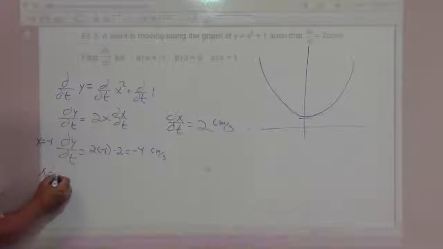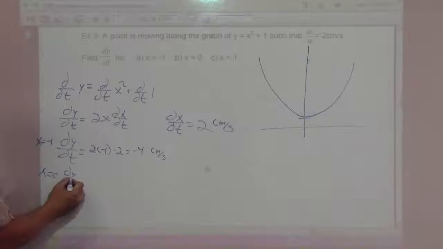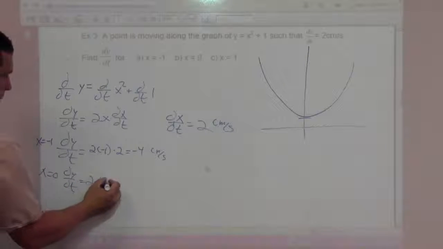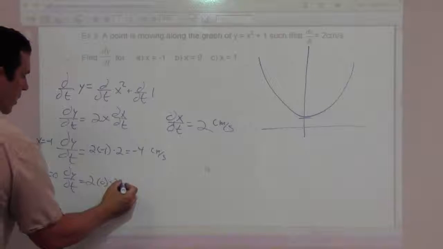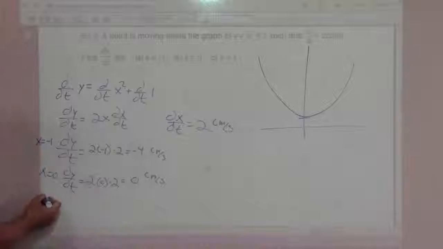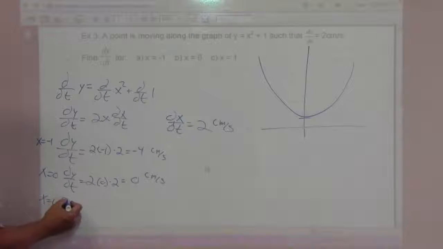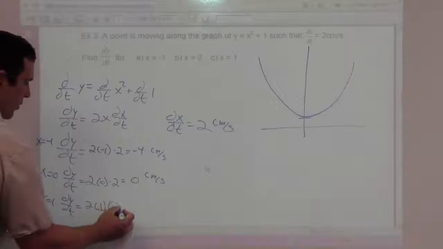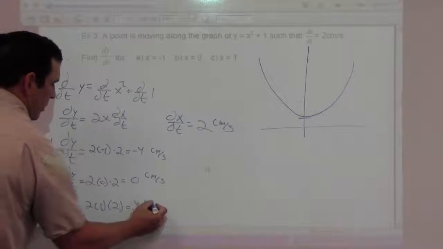For x equals 0, dy/dt would be 2 times 0 times 2, which becomes 0 centimeters per second. And for x equals 1, dy/dt would be 2 times 1 times 2, which equals 4 centimeters per second.